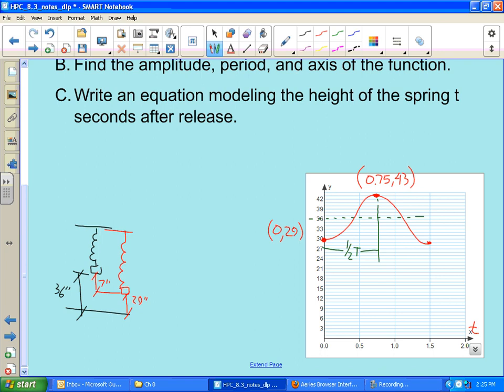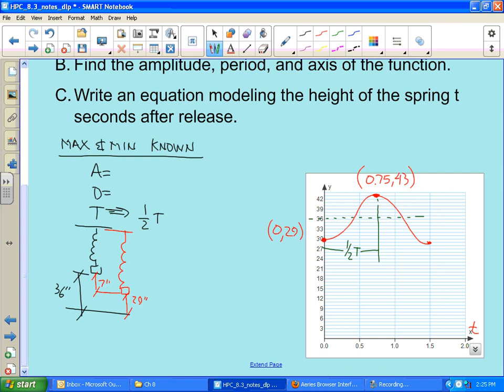So here's the other thing you're going to know. If I know max and mins, you are very quickly able to find A, D, and the period. Because for a max to min situation, you're always going to be given half of the period, which means you just double it.